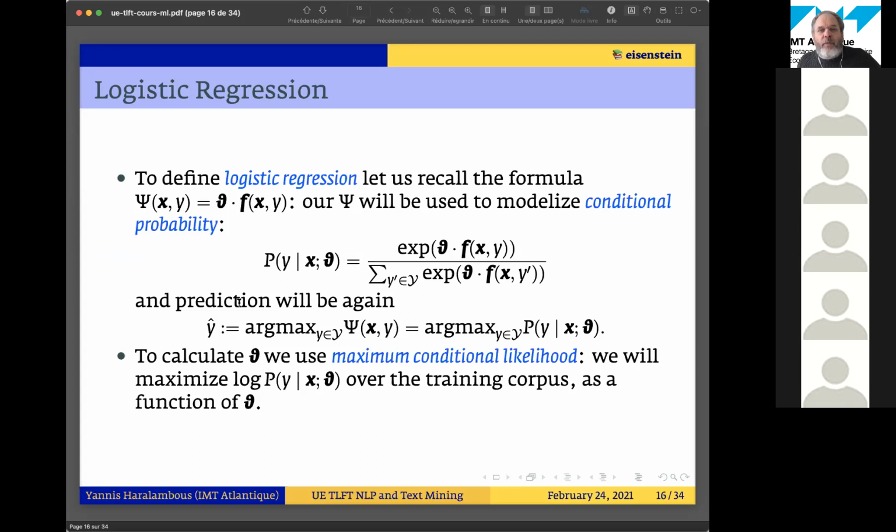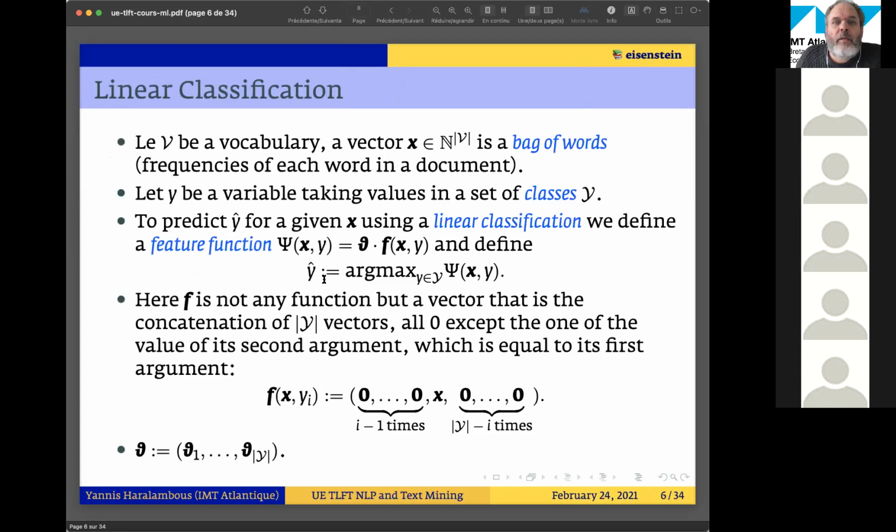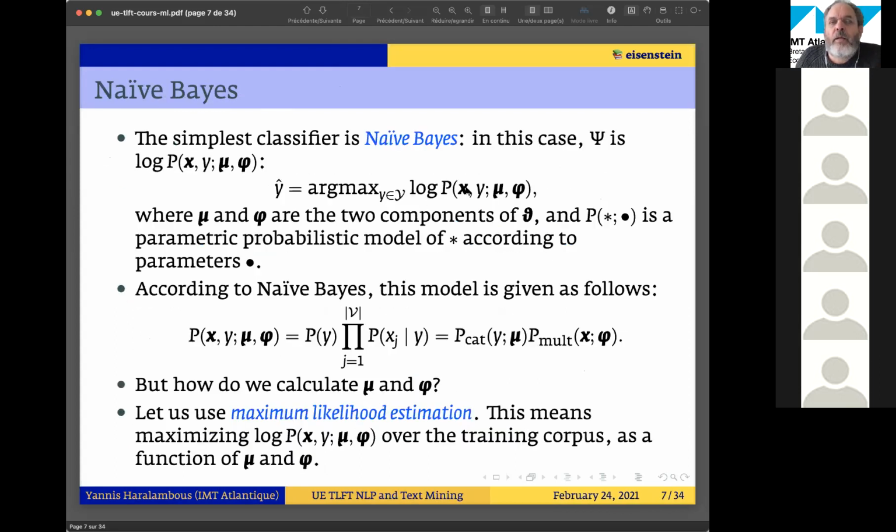Our next classifier is logistic regression. So there is already one big difference between logistic regression and naive Bayes. It is the fact that naive Bayes is what we call a generative model, in the sense that what we are dealing with is the joint probability.